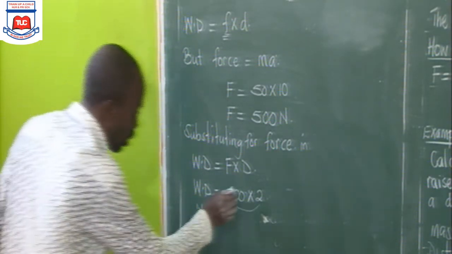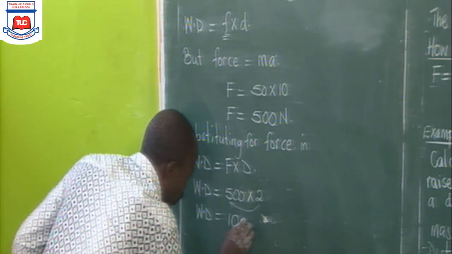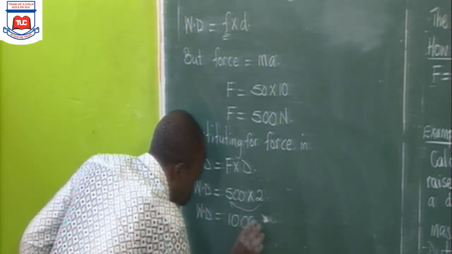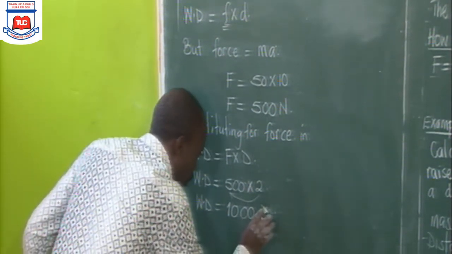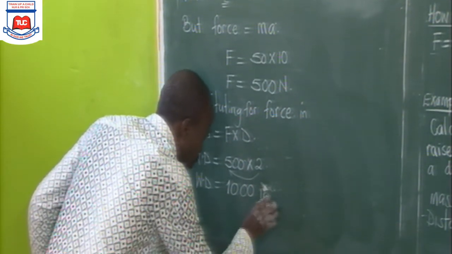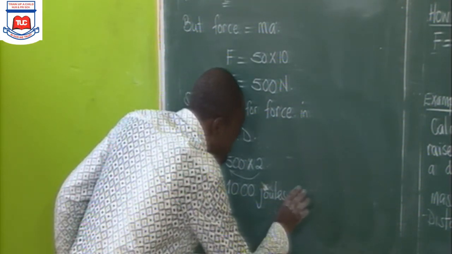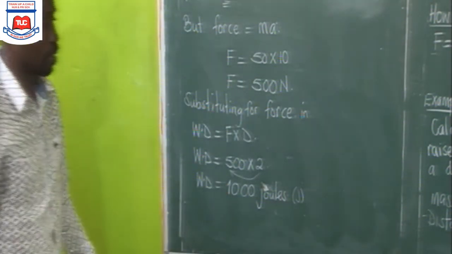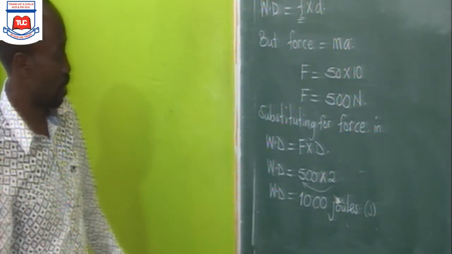You get a 10 and you add those 2 zeros. So that is 1000. Okay? And this one is given in joules. Joules, you can also write it as J. It can be denoted as J, as simple as that.